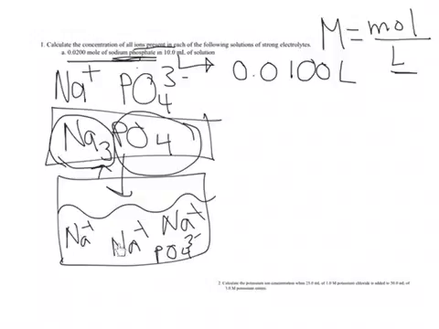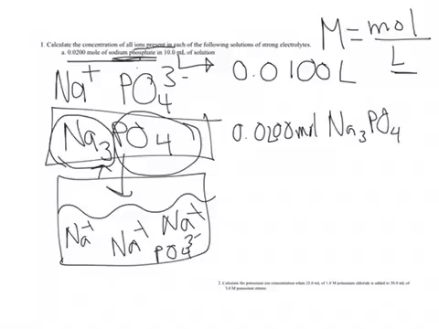So how many sodium moles there are in solution and how many phosphate moles there are in solution. Where do we get that information? From right here. Our subscripts, our ratio inside the compound, and that will be what is called our mole ratio. So we know that we have this many moles of the whole compound.